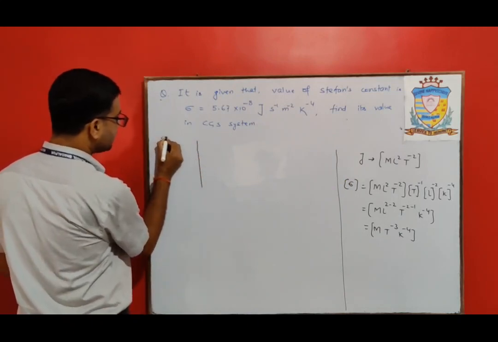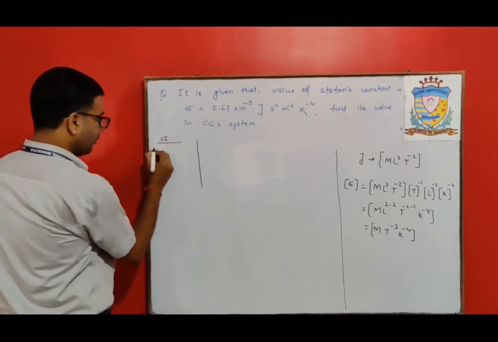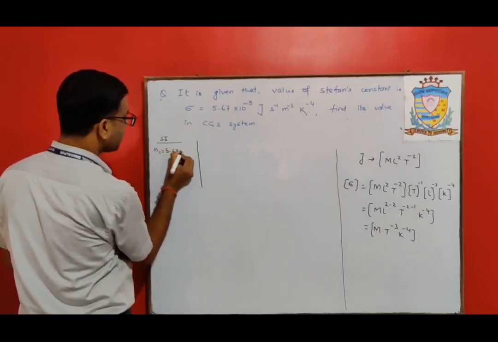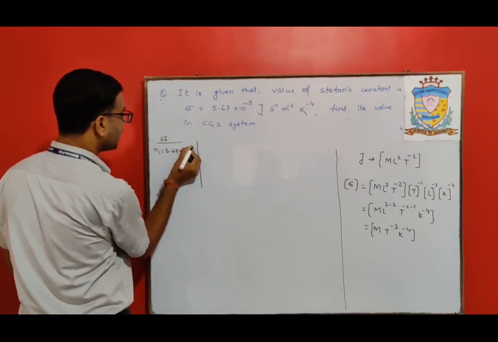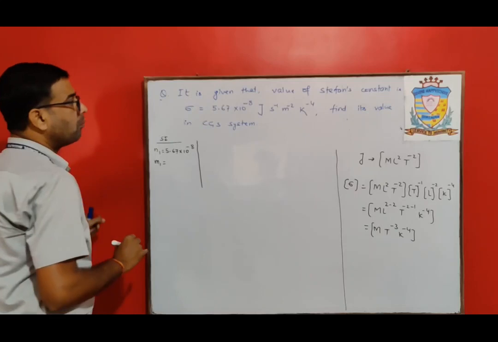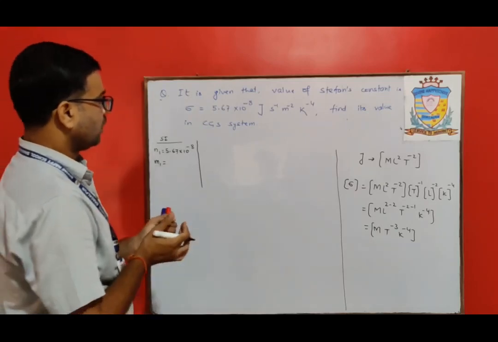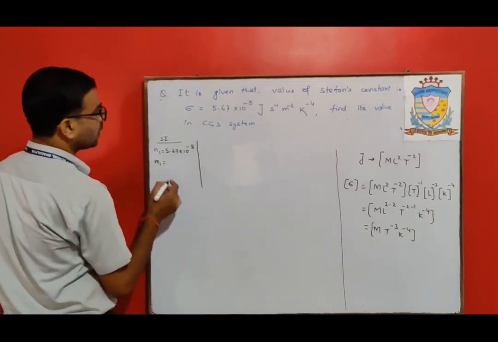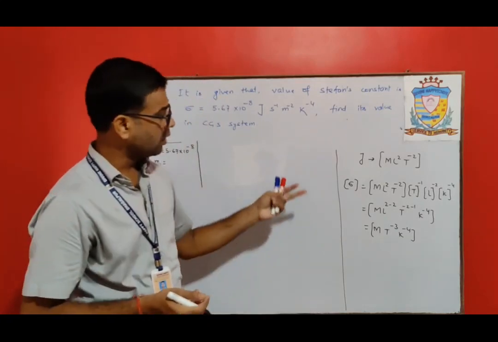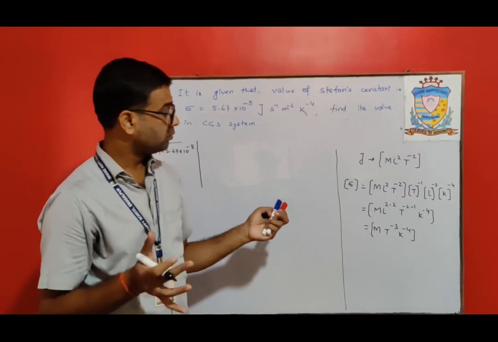In SI system, the value of sigma is equal to 5.67 into 10 to the power minus 8. The mass is written as 1 kilogram, or directly we can convert if we do not want to work hard.